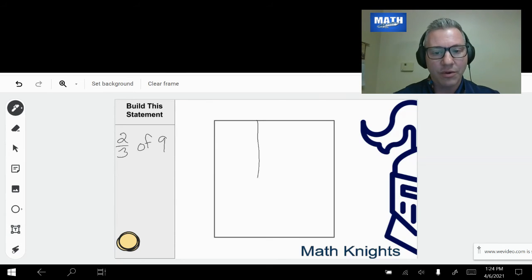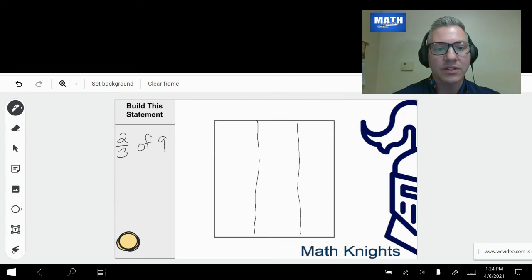So there are 3 equal parts because I have a denominator of 3 parts. How many parts do I need? I need 2 of those parts. So when I go to find 2/3, I'm talking about these 2 pieces together. Because this is 1/3, this is 2/3, and this is 3/3.